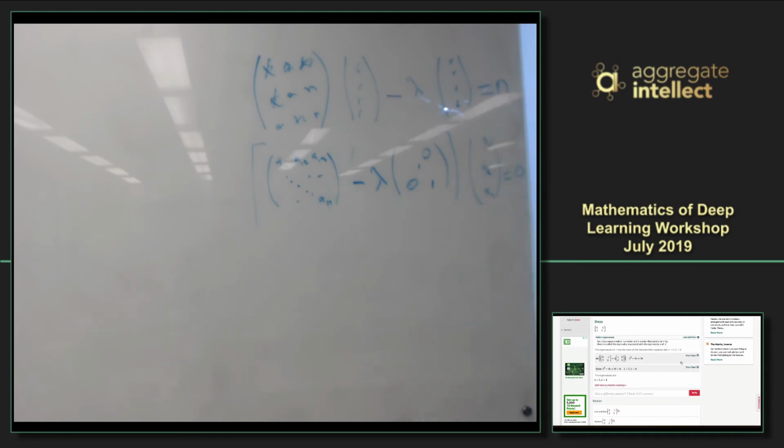Okay? So we have multiplied two things together. The answer is 0. What could it be?